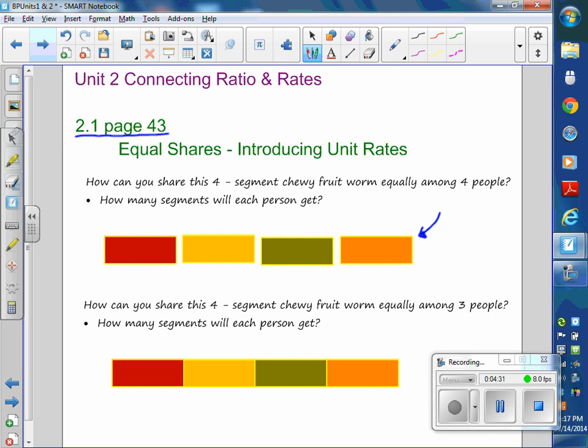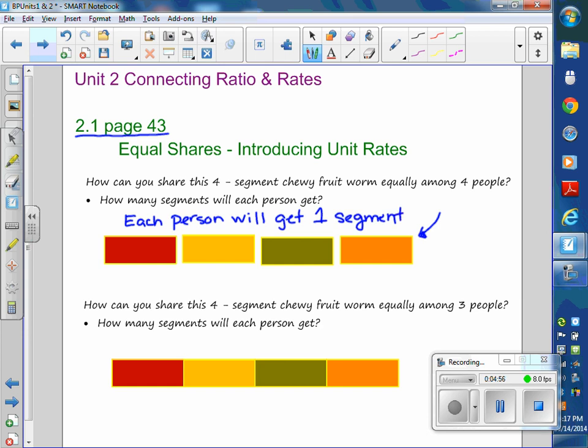Luckily, the problems don't stay that easy, because that would be not very interesting. So let's answer that. Each person will get 1 segment. So that's a unit rate, because it has a 1 in there.